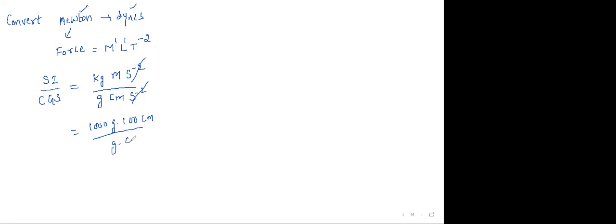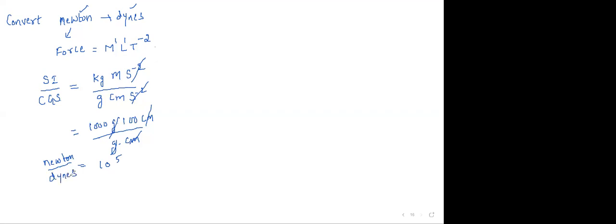Divided by gram into centimeter. So centimeter, gram and gram will get cancelled out. So 10 power 3 into 10 power 2. Totally 5 zeros we have. 10 power 5. So in SI system, it is represented with Newton. In CGS, it is denoted with dynes.